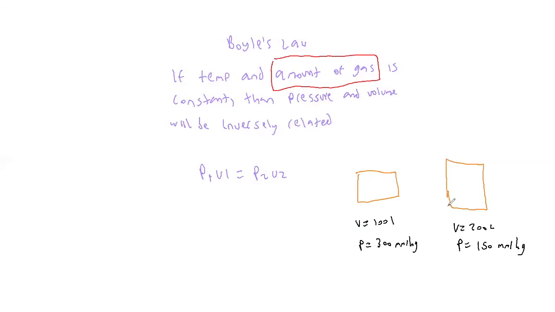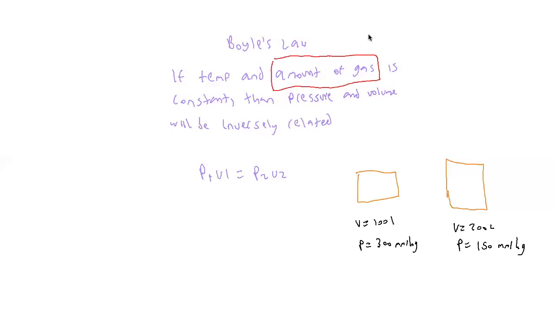Now this mimics how the lungs work, because with the lungs, we are constantly stretching them open. We're constantly increasing their size through contracting the diaphragm and expanding the intercostals. We're constantly making the container bigger and smaller, bigger, smaller, so on and so forth. And because of that, we can change the pressure inside of the lungs.